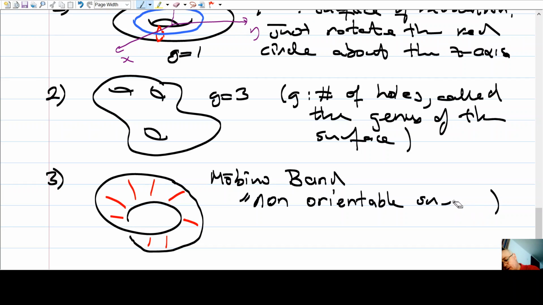Non-orientable means you cannot distinguish two sides of this surface. Which side is up, which side is down, or which side is in, which side is out, you cannot distinguish. Therefore, they're called non-orientable.